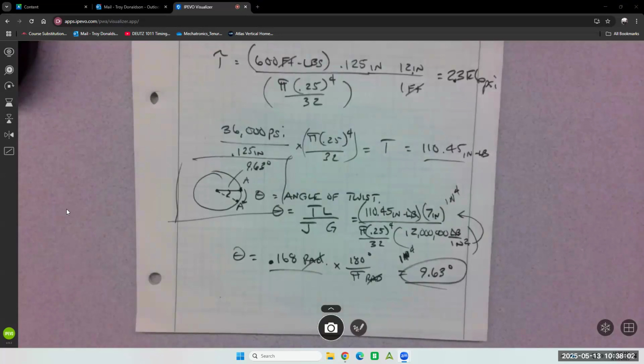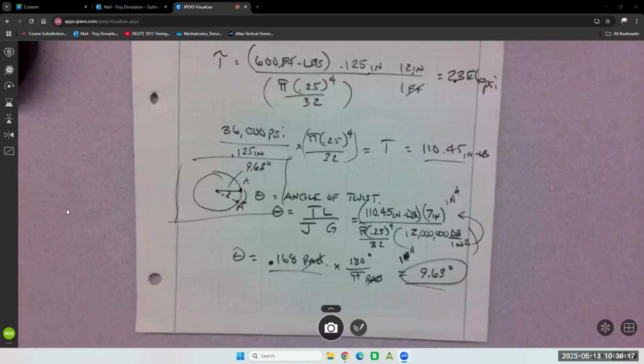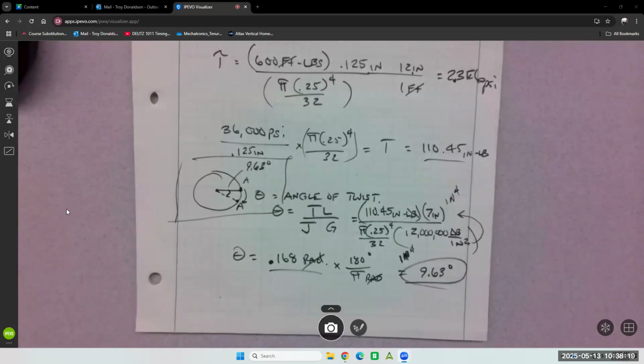We're not going to do that quite yet, but we'll do that at some point. Because really what you want to know on the outer surface is how much did that change. We know angle of twist now, but we need to do a little more math to figure out how much it changed out there at the circumference of this little quarter inch. Not much. A little quarter-inch shaft, 9.63 degrees. It didn't move a whole lot, very little.